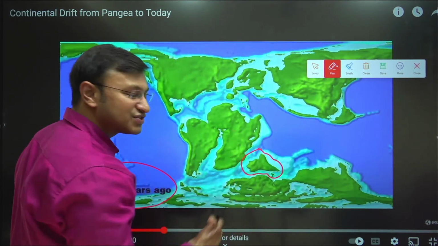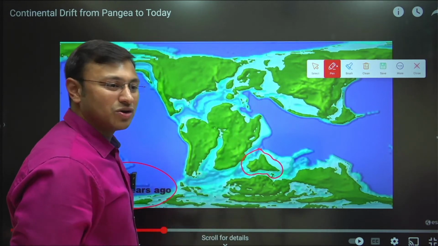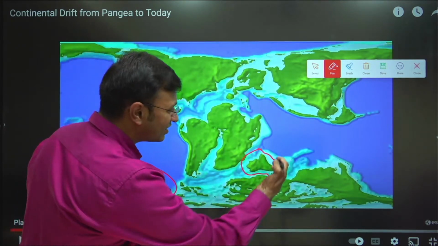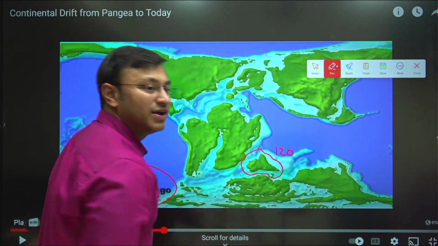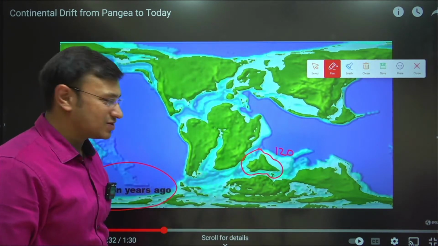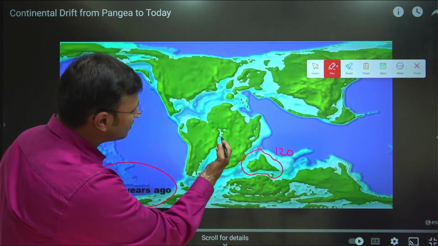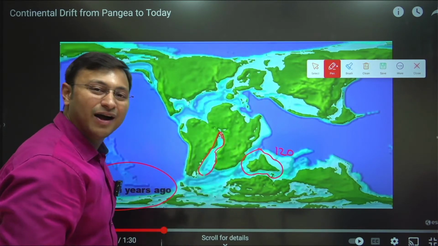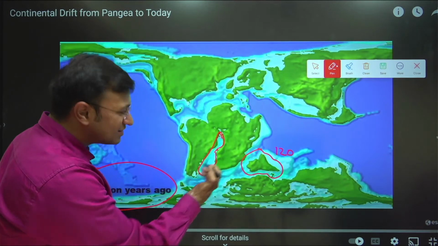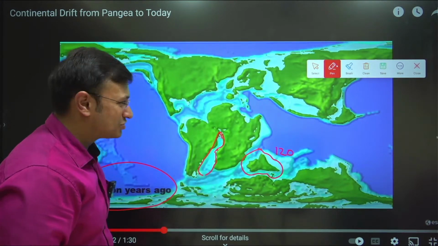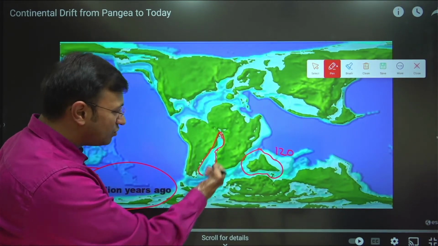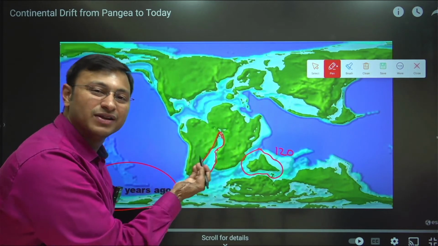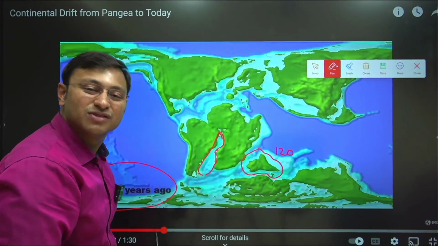So if anyone asks you when India started its northward journey, India started its northward journey approximately 120 million years ago. You have the formation of the Atlantic Ocean between South America and Africa. If you see this, this is our present day Atlantic Ocean. So for the first time, you have the ocean forming between Africa and South America.